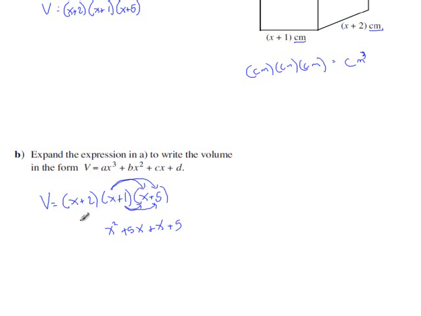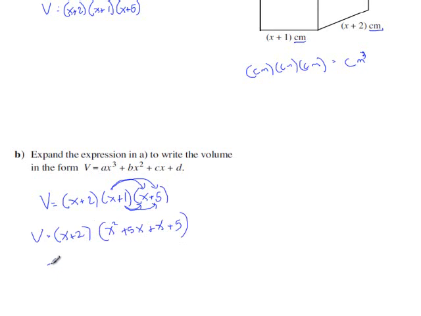Now this whole thing has to be multiplied by x plus 2. So since I have to multiply the whole thing, I put brackets around it. So I have an x plus 2 now, the x plus 2 is still in brackets, times x squared plus 5x plus x plus 5. Before I do this multiplication, I want to simplify inside this bracket that I just expanded.